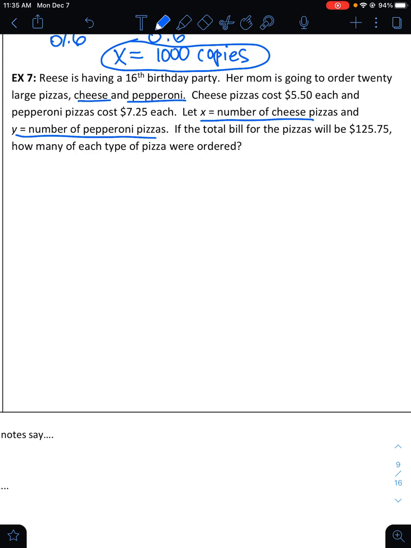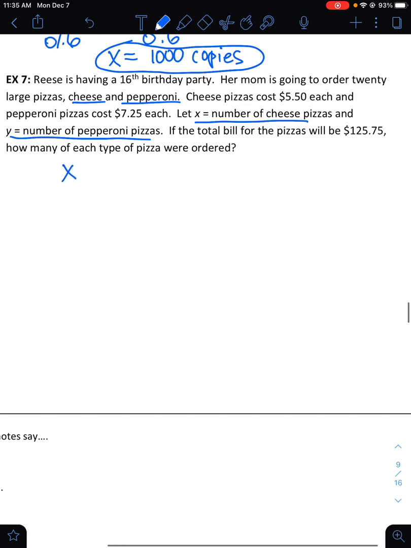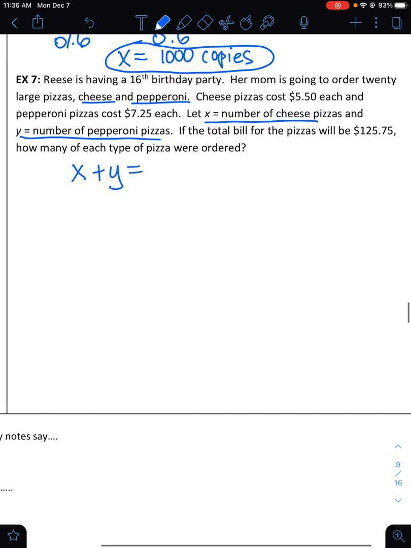So I can go ahead and follow that idea that I can put all the money into one equation and the numbers of pizza in the other. So let's do numbers. So I have some cheese plus some pepperoni. Well, how many pizzas were ordered altogether? 20. Okay, maybe it's 10 and 10. Maybe it's 15 and 5.